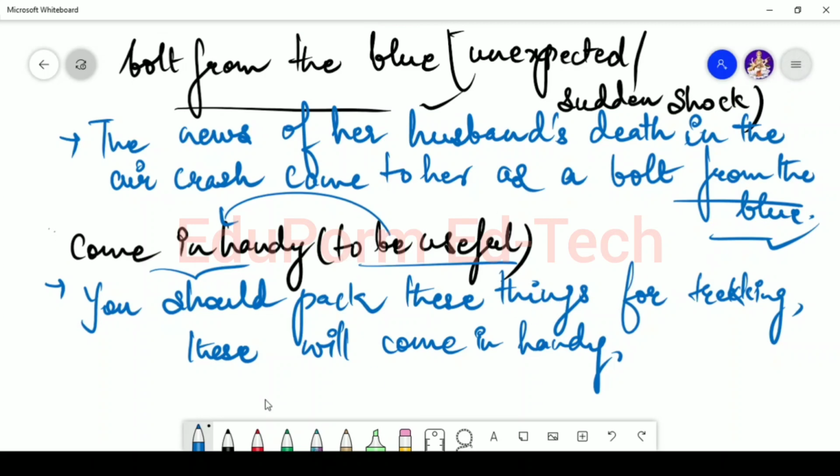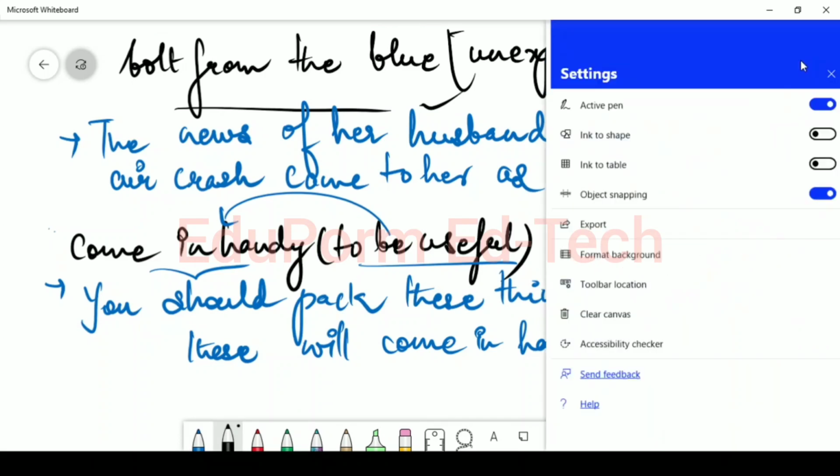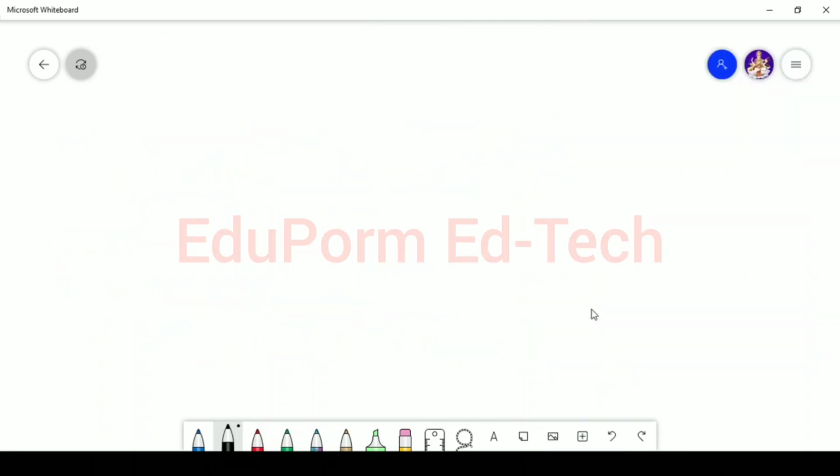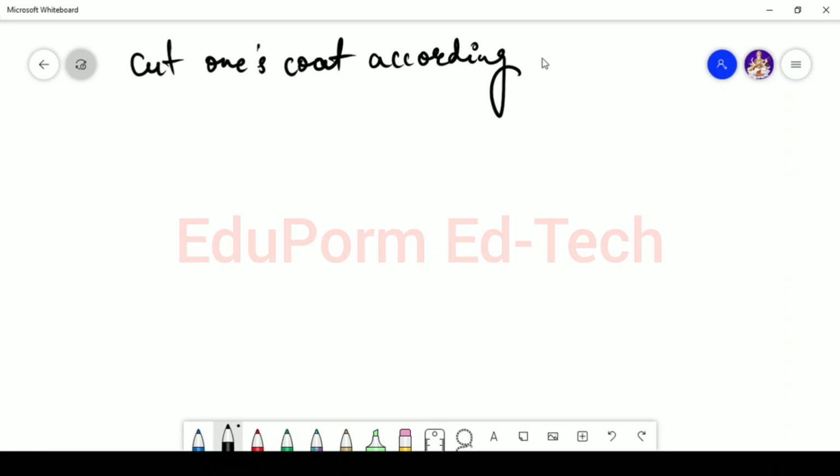Let's see some of the other idioms. Cut one's coat according to one's cloth.